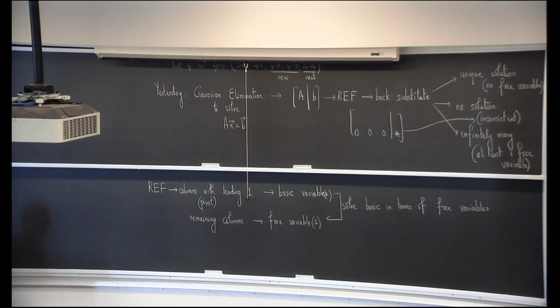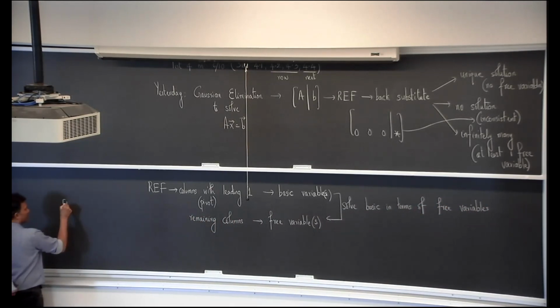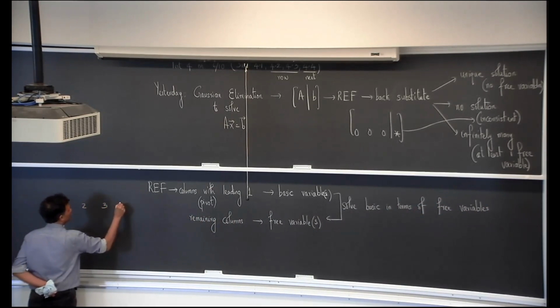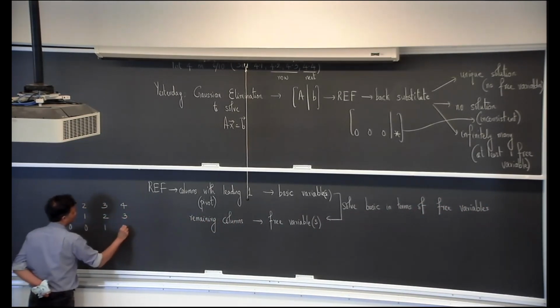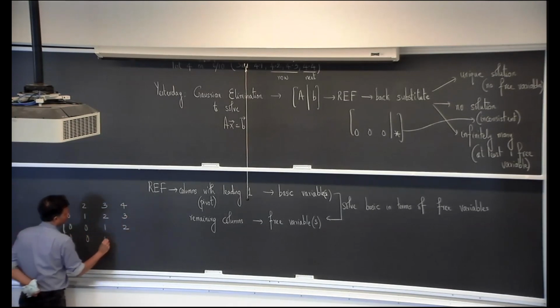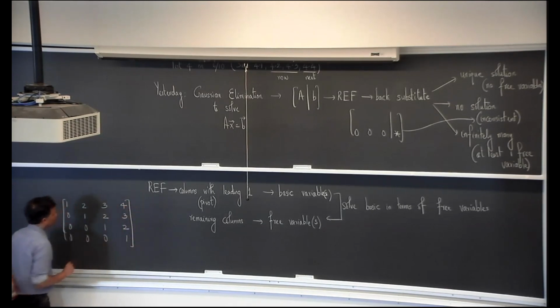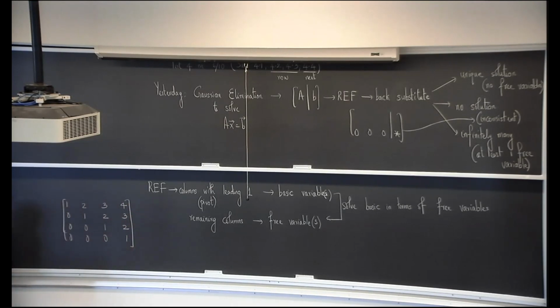So just to make sure that all of you understand what is going on, let me ask you a couple of pop quiz questions. In this matrix here, this is already an REF. You don't have to do any calculations. How many variables are basic and how many variables are free?